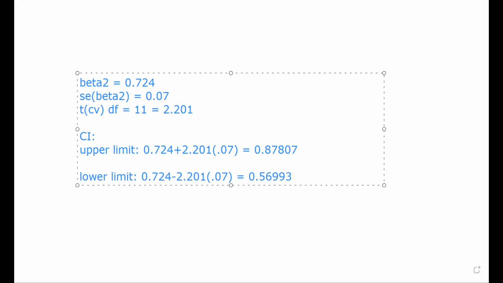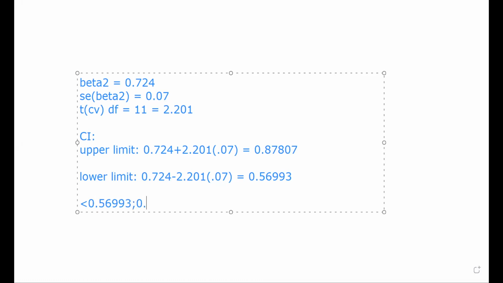So our confidence interval now has a lower limit of 0.56993 and an upper limit of 0.87807.